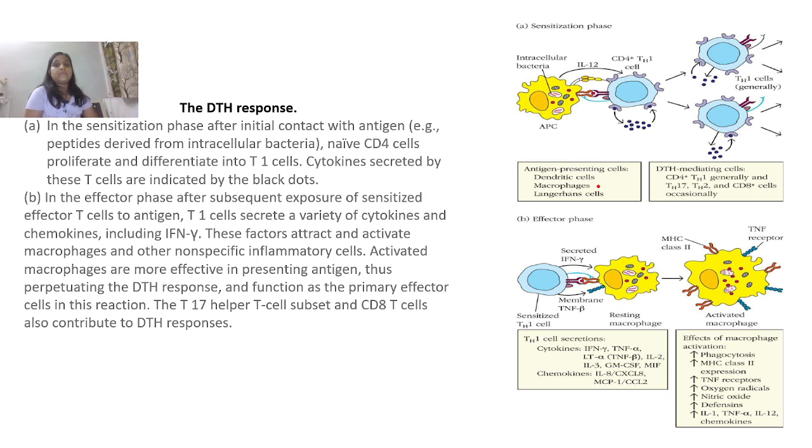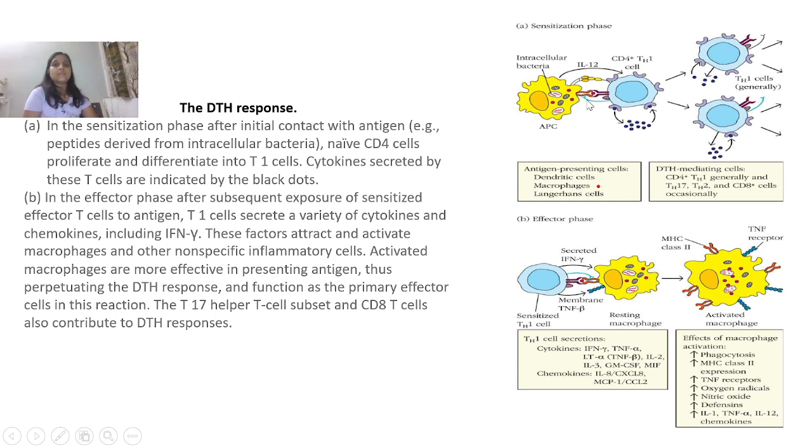Then they present these peptides to the naive CD4 cells. Here you can see this is a CD4 cell, and here through the MHC class 2 molecule, this antigen presenting cell is presenting these peptides. These are the chopped or the processed peptides which are presented by the APCs to the CD4 cell.